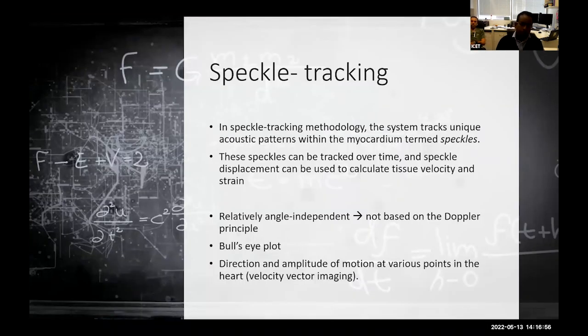Now, speckle tracking echocardiography, or speckle tracking strain, is a system that tracks the acoustic patterns within the myocardium, which are termed speckles. When the ultrasound waves hit the myocardium, they bounce off in different ways, and you get this speckle type of appearance on the myocardium.